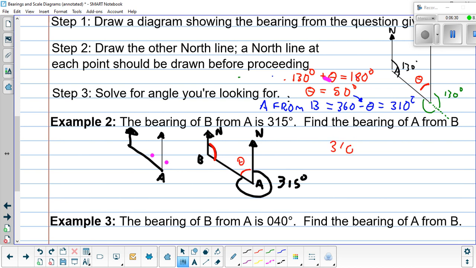So 360 minus 315 will be equal to theta, which is 45 degrees. Right? So we know that theta is that, and then to figure out what we're missing, we know 180 minus that theta will give us our bearing.